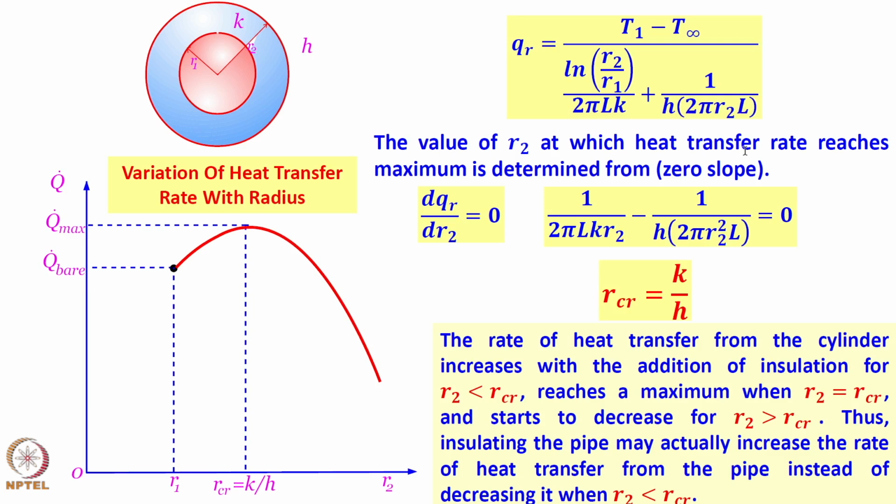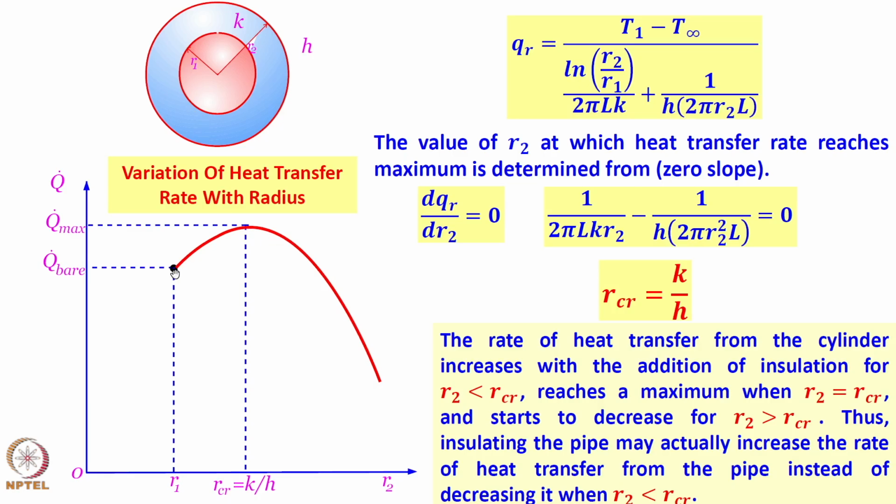For a cylinder, it comes out as k by h, just a simple exercise for you to do. So, the graph of heat transfer is shown here. If my bare pipe is on the left side of this and I add insulation up to here, the heat transfer is going to increase. Beyond that, it is going to decrease.